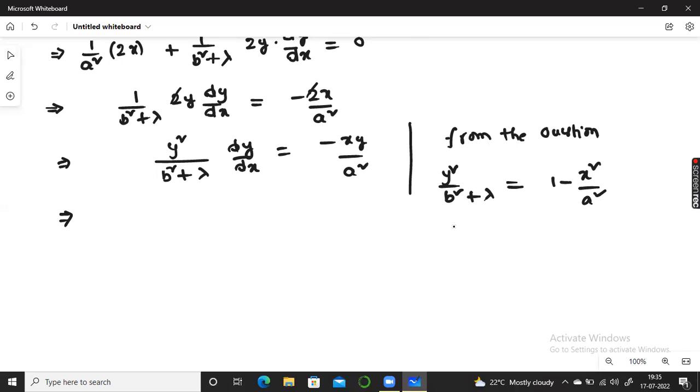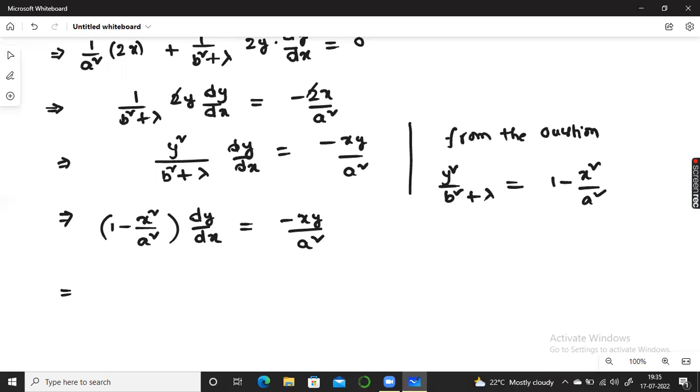Now this step I am writing: 1 minus x square over a square into dy over dx is equal to minus xy over a square.